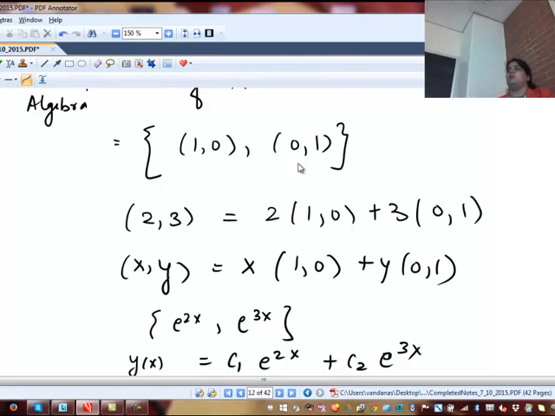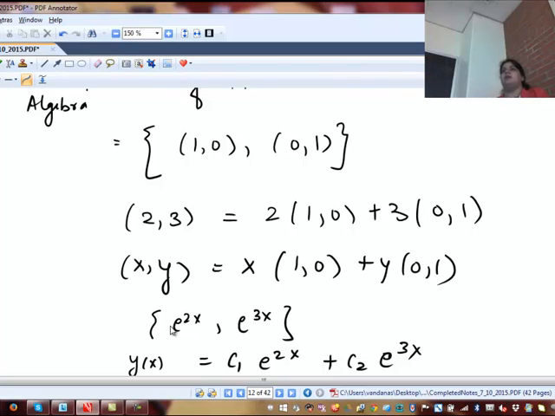No, I cannot. So this is a unique representation, and that's the connection with the differential equation: you get a unique solution. So your linear algebra is extremely tied up with your theory of differential equations.